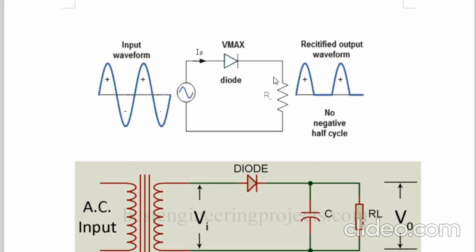Now, a very important part to be noted, through the frame of reference of the precision rectifier: we have simply understood that in the positive half cycle the diode will conduct and the positive half cycle will develop across the load. But now the question comes: suppose the peak voltage of the input sine wave is 1 volt, does that 1 volt peak sine wave appear at the output?